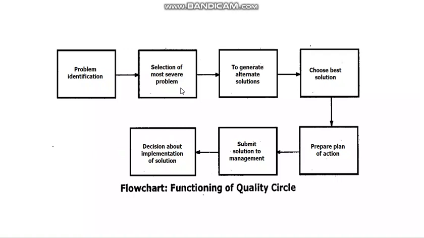First they concentrate on the most severe problem, then they generate alternate solutions for it, then they choose the best alternative solution, and then they prepare a plan of action. That means what to do first, what to do next, and how they are going to implement, and all those things they will check out. And then they submit the solution to the management.